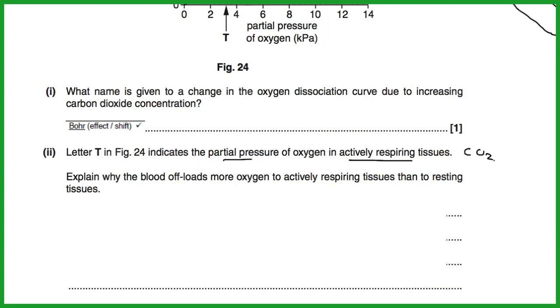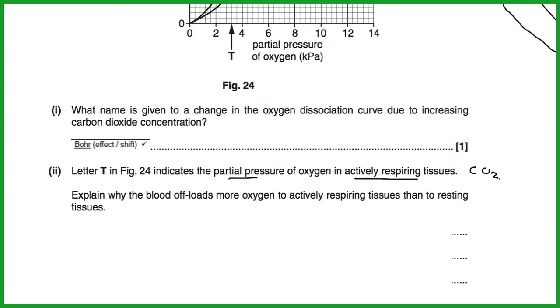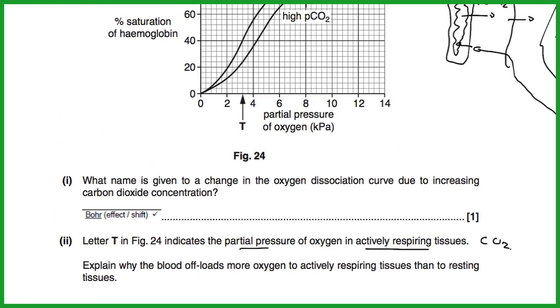Well, that's because there's more carbon dioxide produced by the actively respiring tissues than by the resting tissues. So if we look at the point T, we can see that for the same partial pressure of oxygen, the actively respiring tissue, which has got more carbon dioxide, is going to have more oxygen dissociate from the hemoglobin. So this extra oxygen will come off because of the higher partial pressure of carbon dioxide produced by the actively respiring cells.